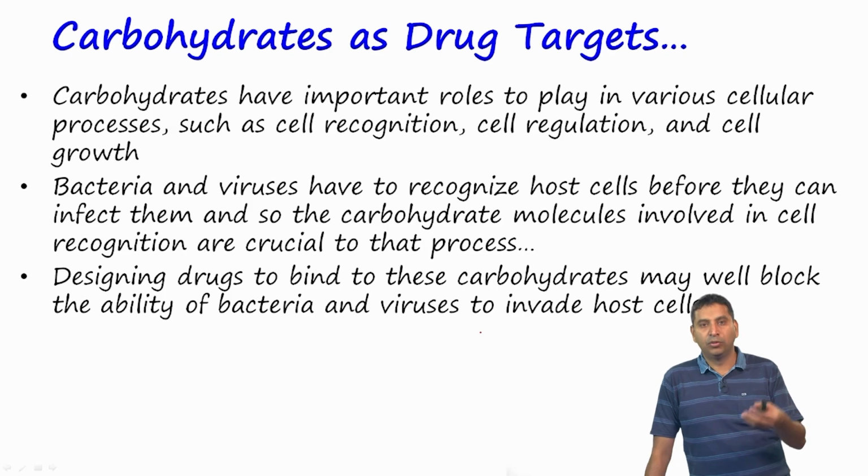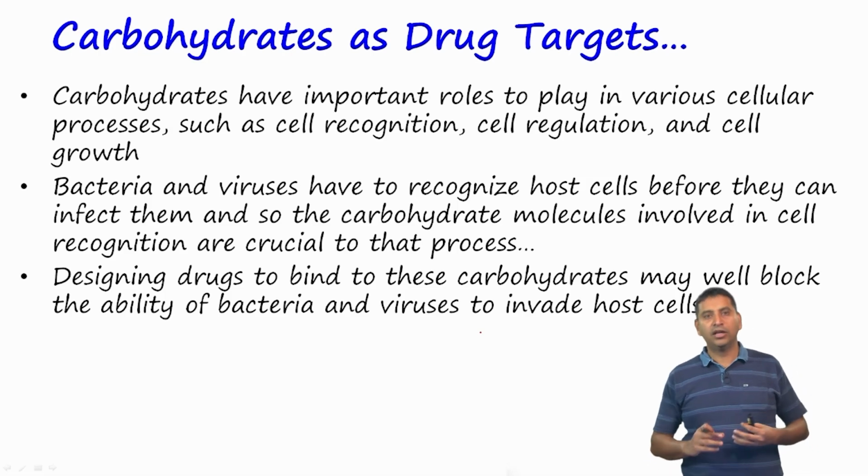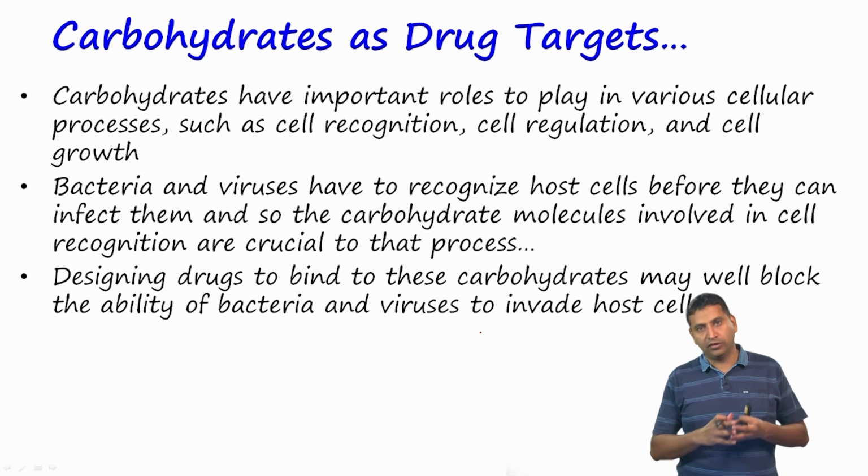For example, humans have certain sugars on the surface which help human cells to recognize themselves, and also help in identifying pathogenic cells and getting rid of them. So, they are very crucial for cell recognition, also for cell regulation and cell growth.